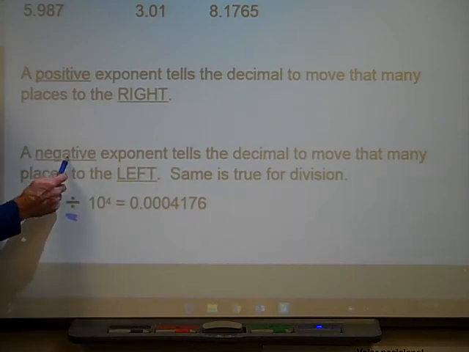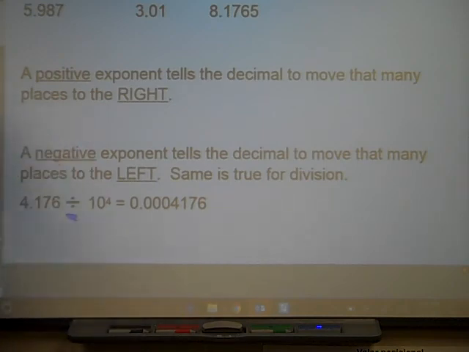Okay? So if it's a negative exponent, or if it's division, the decimal moves to the left. That will conclude this part of scientific notation. Again, go back, make sure that you have everything here on page 25 that I have up here on the smartboard.